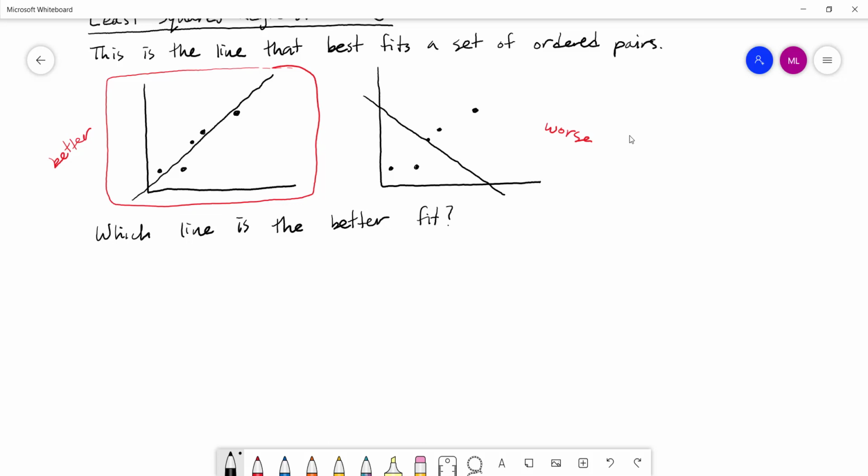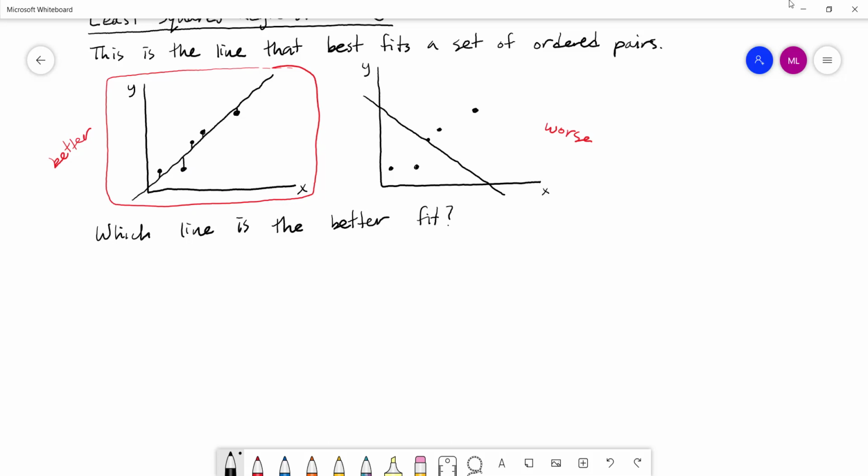So I'm going to draw in some distances here as little vertical lines. All these ones are pretty close. We're just going to measure the distance in the vertical direction, along our y-axis. Let me label these y and x. You can see all these distances that I just drew in here, they're all pretty tiny.